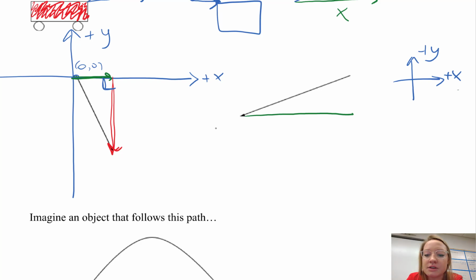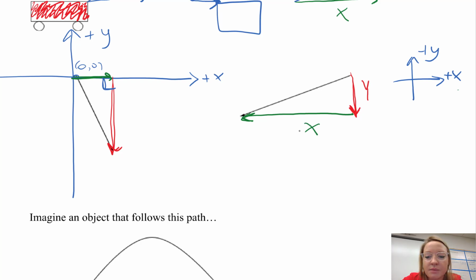I always put the arrows in the direction the component is going. This one is going horizontally from here to here. My y direction is going to be down like this. So this is my y, and this is my x.